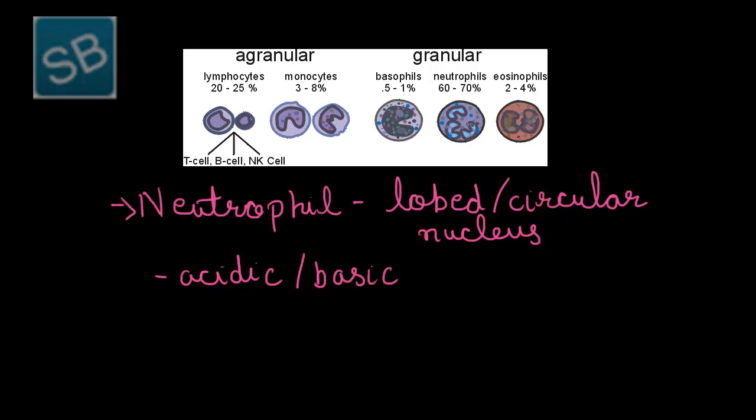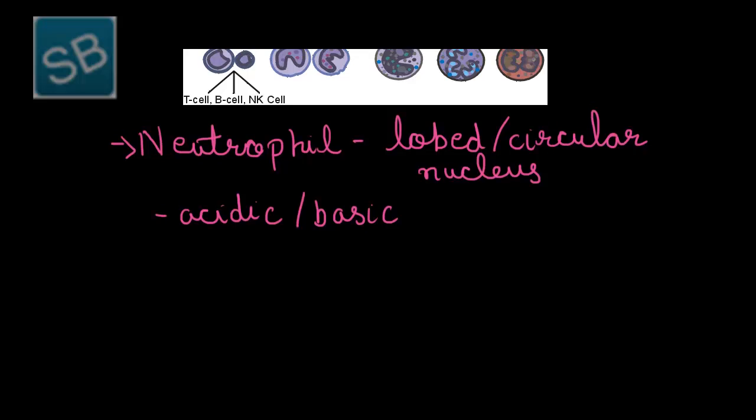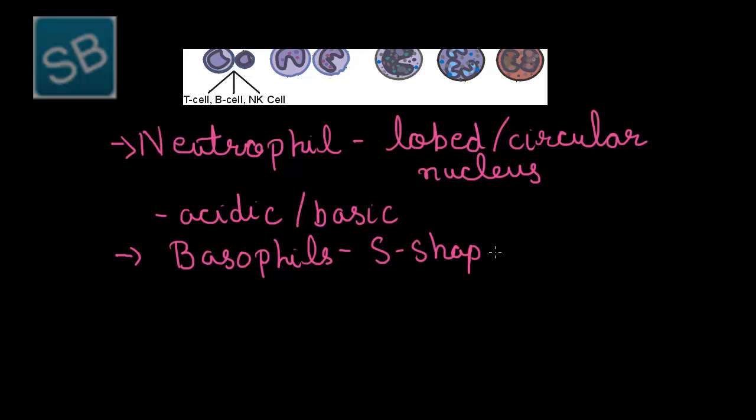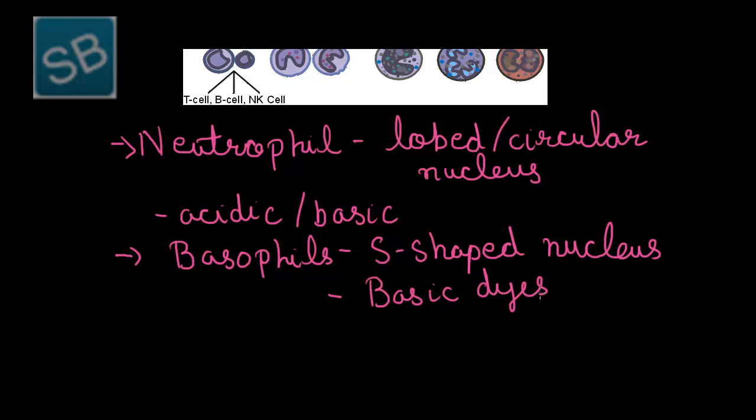Second component is basophil. Basophils have an S-shaped nucleus and the granules of this type of cell can be stained only with the basic dyes or the basic stains like methylene blue.